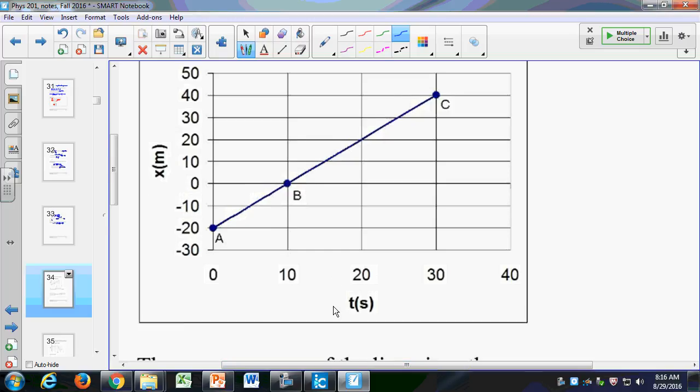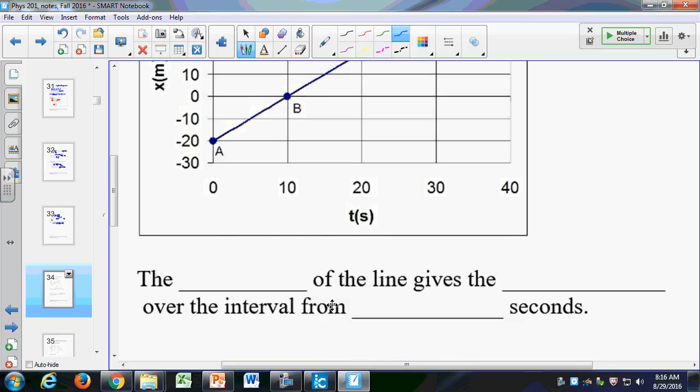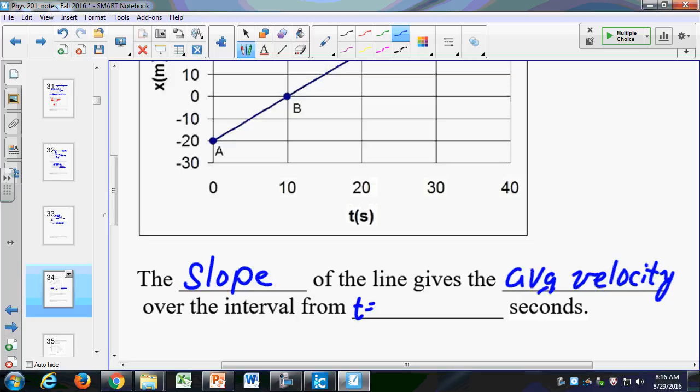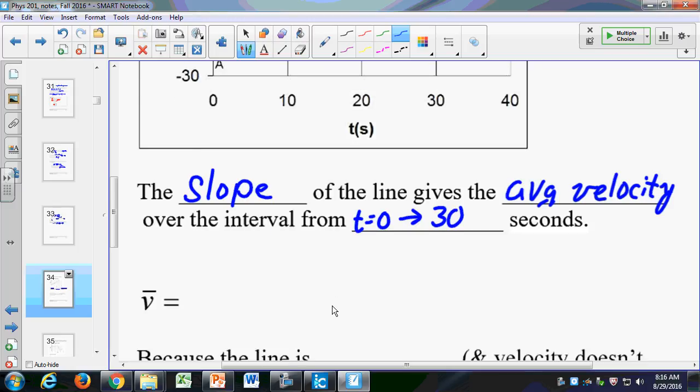All right, so the slope of the line gives the average velocity from an interval of t equals 0 to 30 seconds. Right, so if I wanted to find that slope, I would do rise over run. My v would be delta x over delta t.